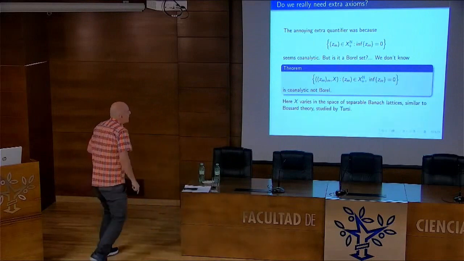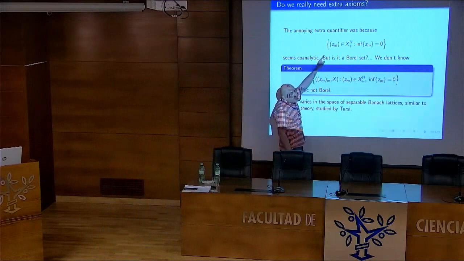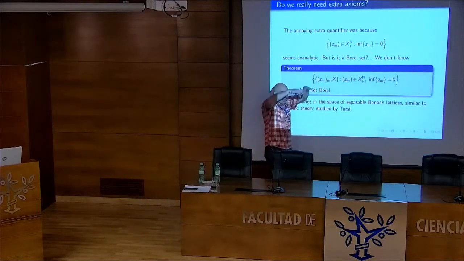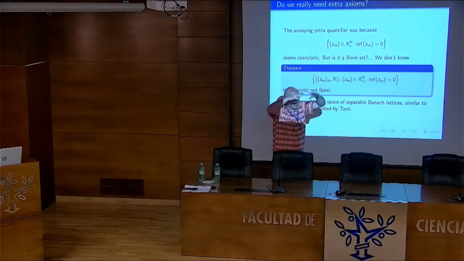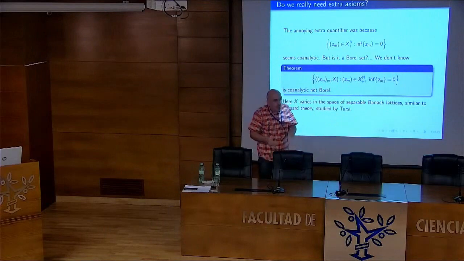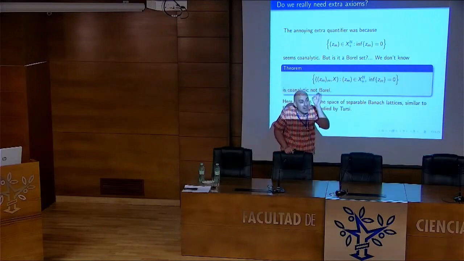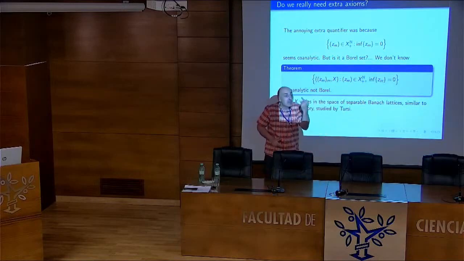So what is the difference between what we have here and what I was asking there? Here I'm saying, okay, if I view infimum 0 over all possible Banach lattices as a global thing, that's truly co-analytic. But that doesn't mean that whenever I pick a particular Banach lattice and look at the sequences with infimum 0 in that particular Banach lattice, it's not always Borel for every particular Banach lattice.